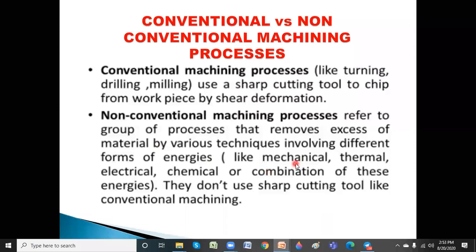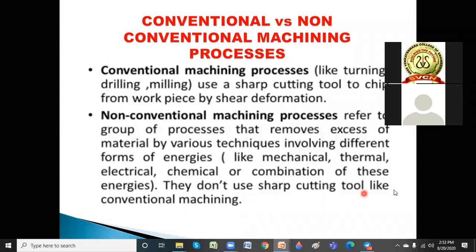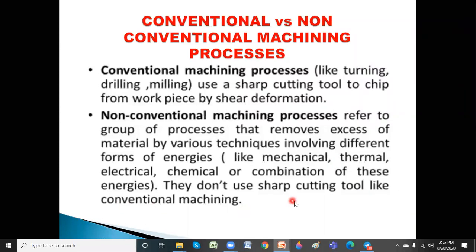That energy may be mechanical, thermal, electrical or chemical energy. Using these types of energy to remove the excess material from the raw material, I finally get a final product, and that process is called a non-conventional machining process. The last line indicates they don't use a sharp cutting tool as we use in conventional machining.